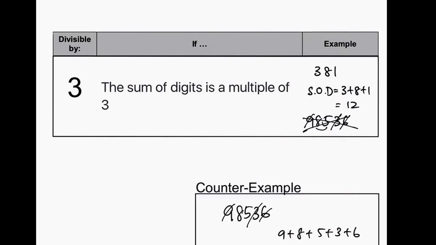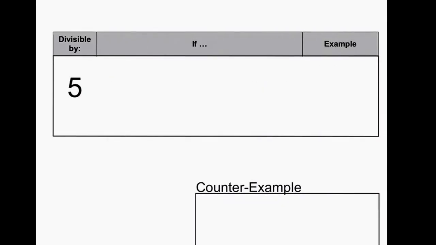Next one is divisible by 5. The rule states, if the last digit is 0 or 5, the number is divisible by 5. Let's say I have 175. The last digit is 5, so this number is divisible by 5.